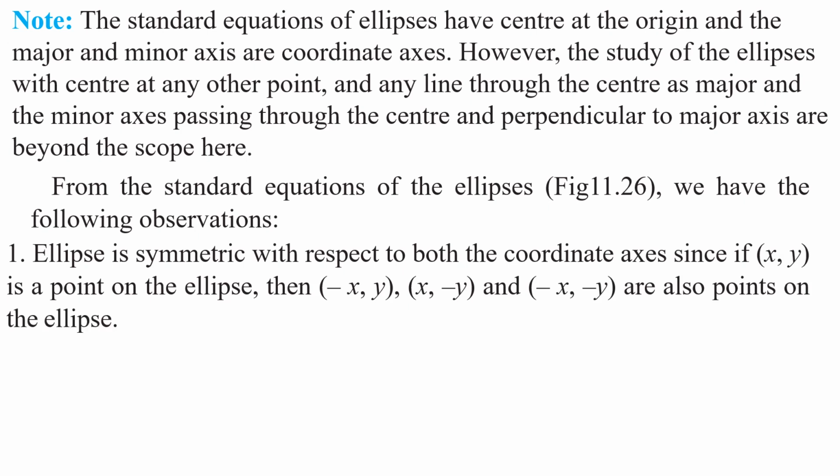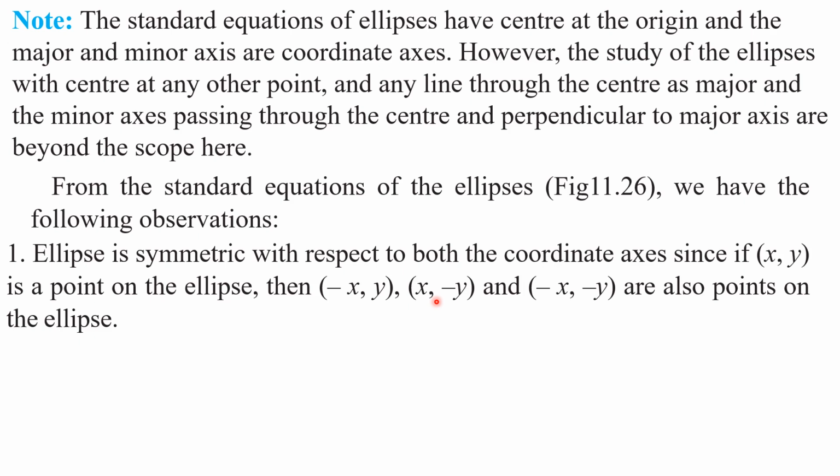If you take any point (x, y) on the ellipse, all these 4 points lie on the ellipse. So we say that the ellipse is symmetric with respect to both the coordinate axes.